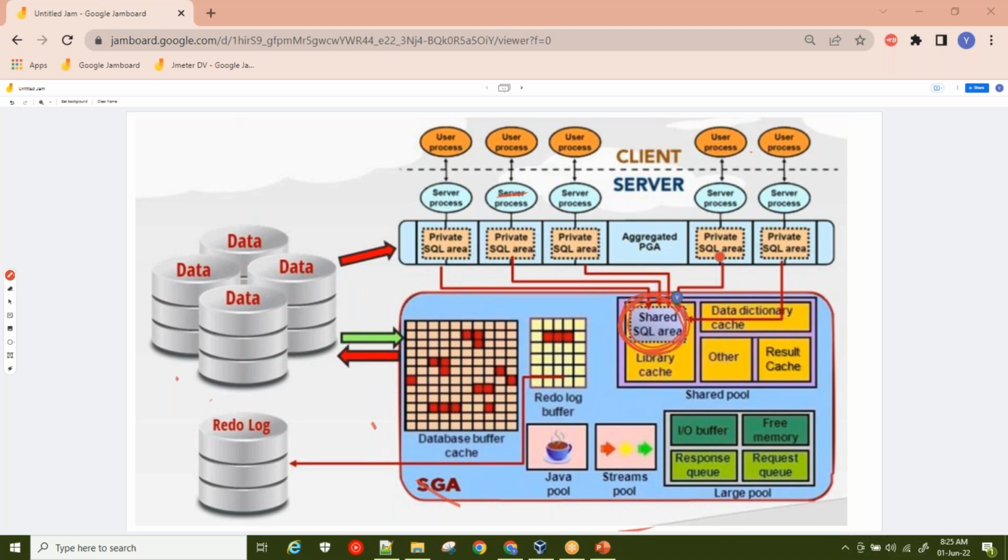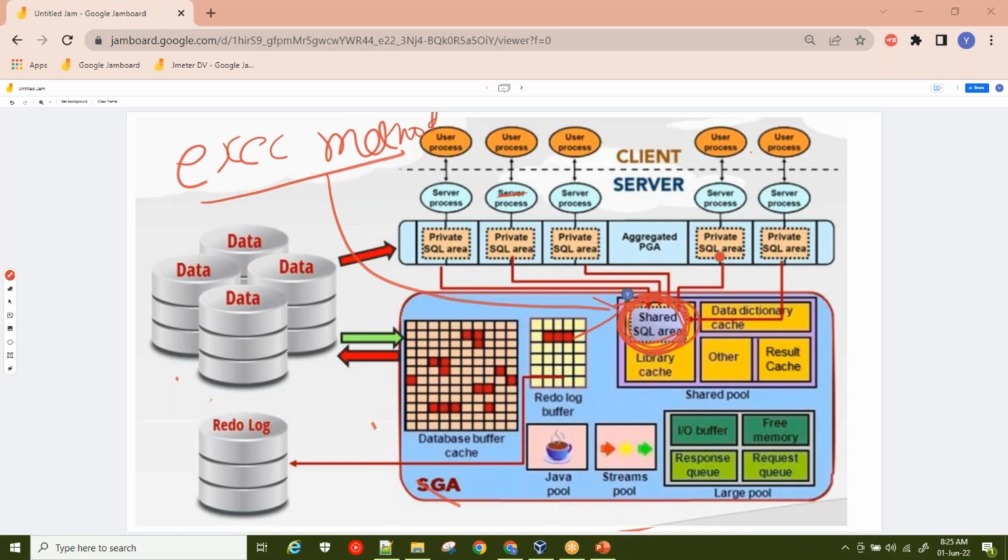Here the execution method will be decided. We will see these execution methods in detail as we progress. For now, you just understand Oracle has different types of execution methods for different queries. So that will be decided inside the shared SQL area.